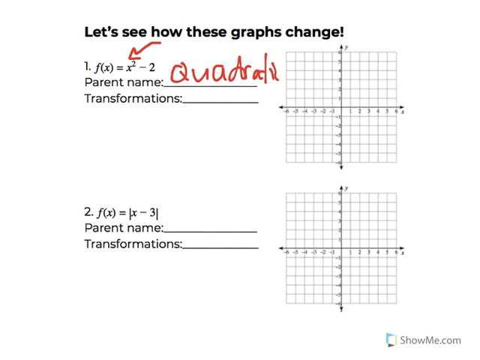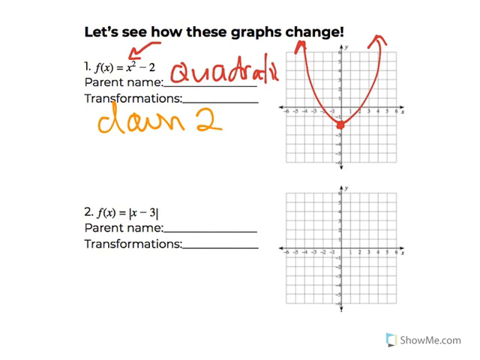And then the transformations: since that minus 2 is not inside parentheses, that means it's on the outside, and it's going to go down 2. So from the origin, we're going to go down 2. So we're going to have a point at -2, and then we're going to make that U shape. So that would be y equals x squared minus 2.